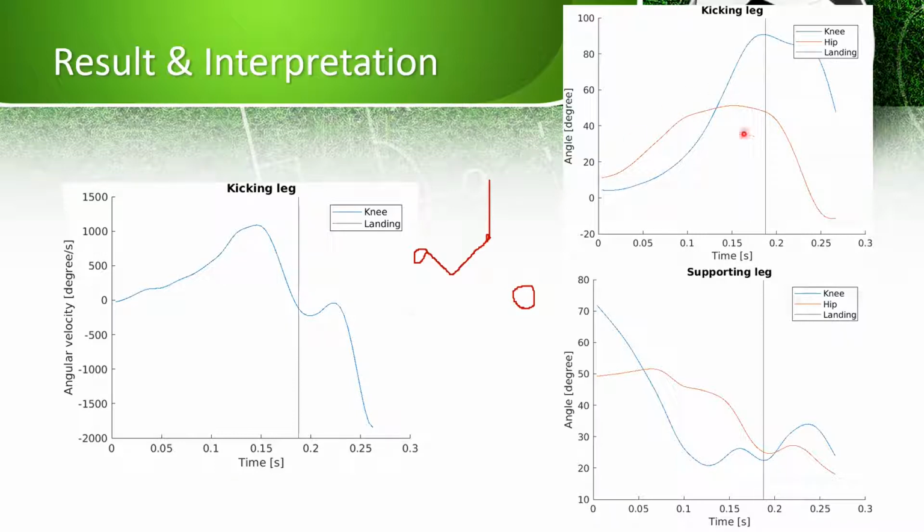So anything positive means that the hip is located posteriorly with respect to the body line here.